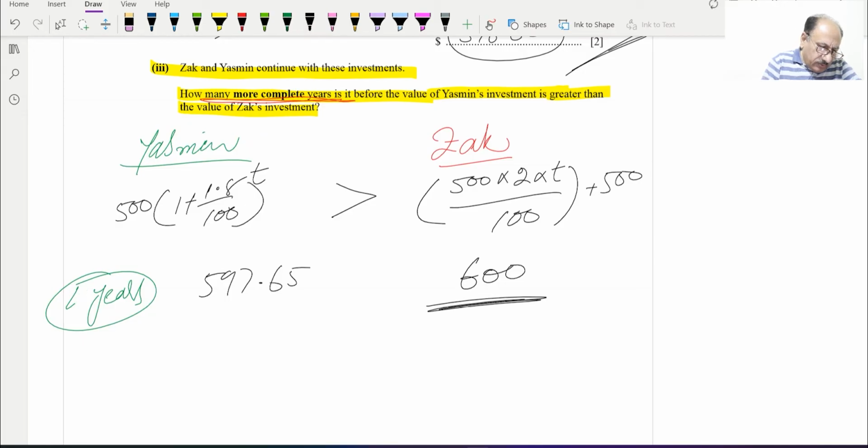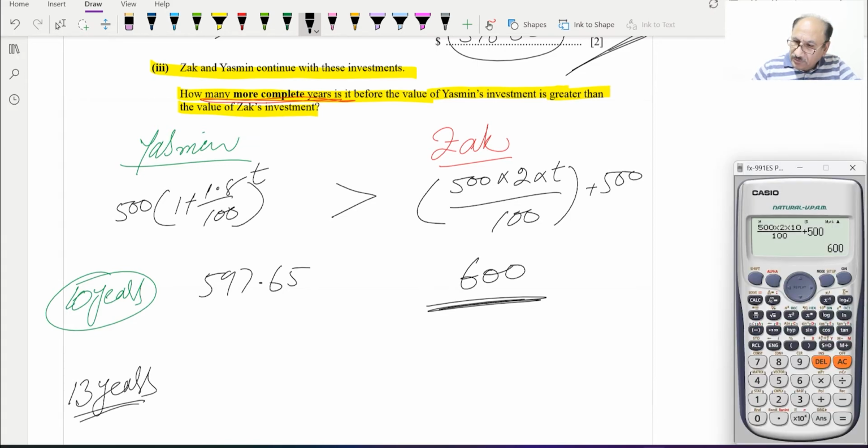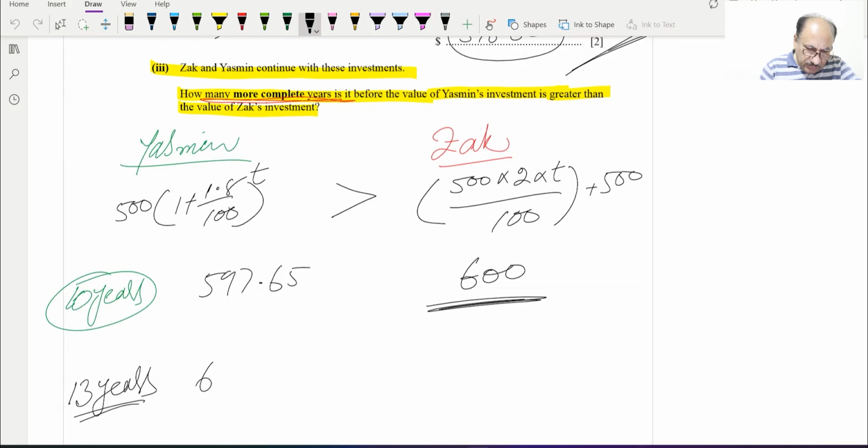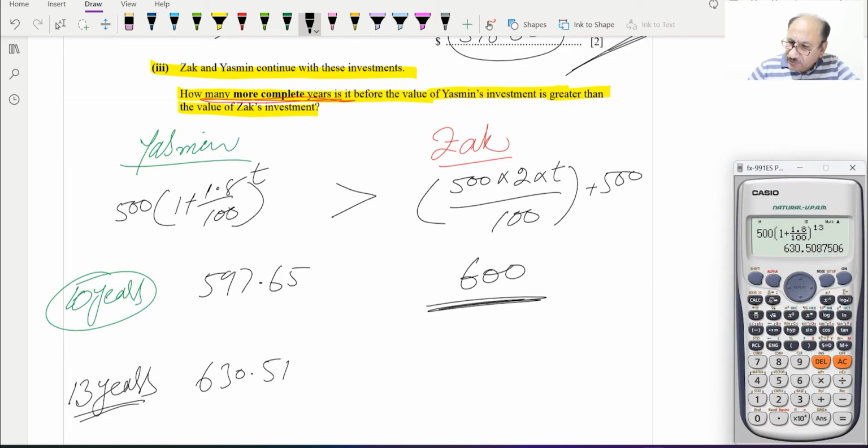If we check for 11, 12 or 13 years, let's say 13 years, what will it be? In this one we change 10 to 13, and we get 630.51 after 13 years.